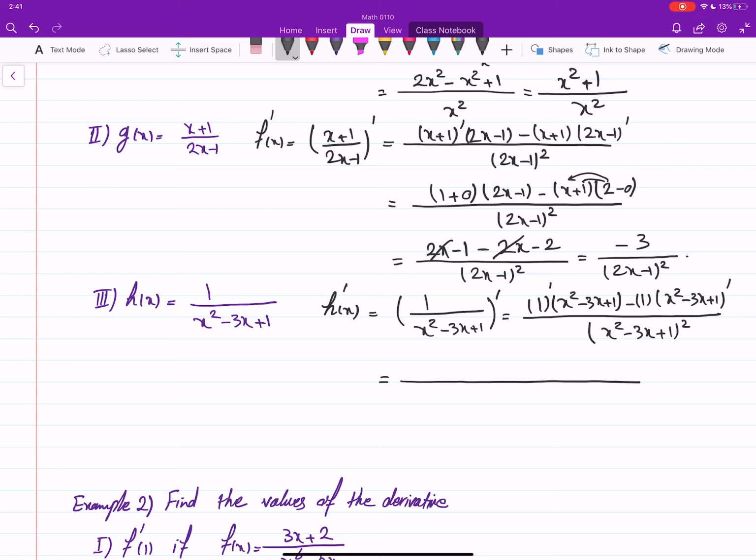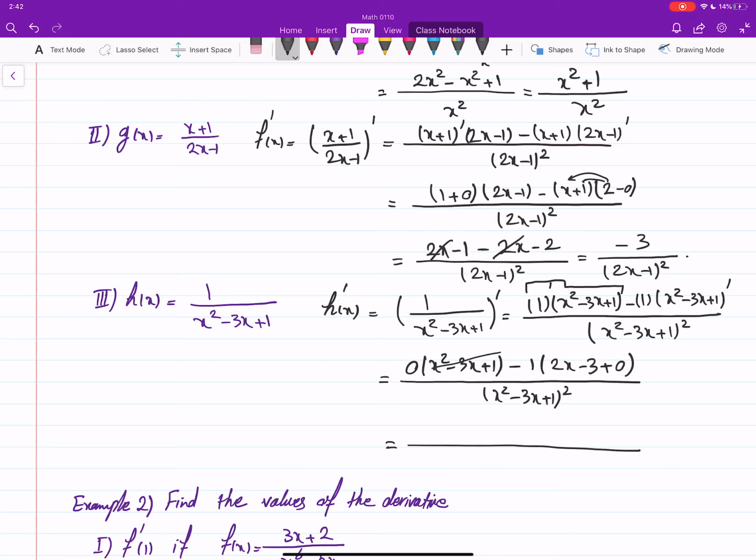See, the derivative of the constant 1 is 0, so this piece will be times 0. So 0 times x squared minus 3x plus 1, minus 1 times... oh, no, sorry. I have to find the derivative of that. I thought this was the derivative. So 1 times the derivative of x squared minus 3x plus 1, which is 2x minus 3 plus 0, and that gives us x squared minus 3x plus 1.